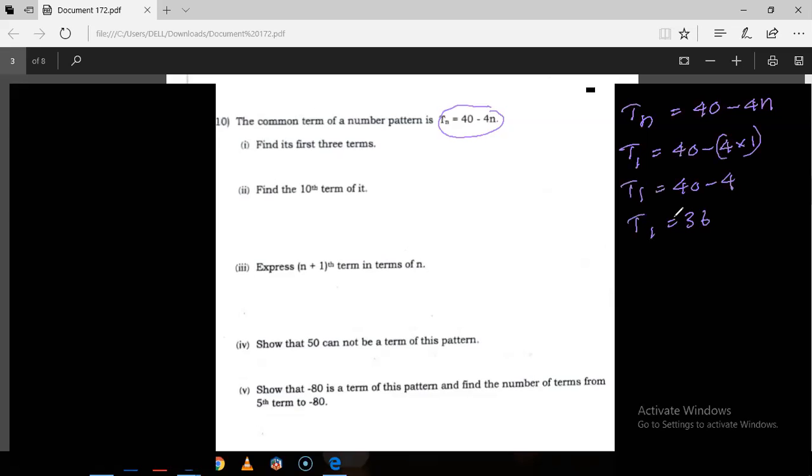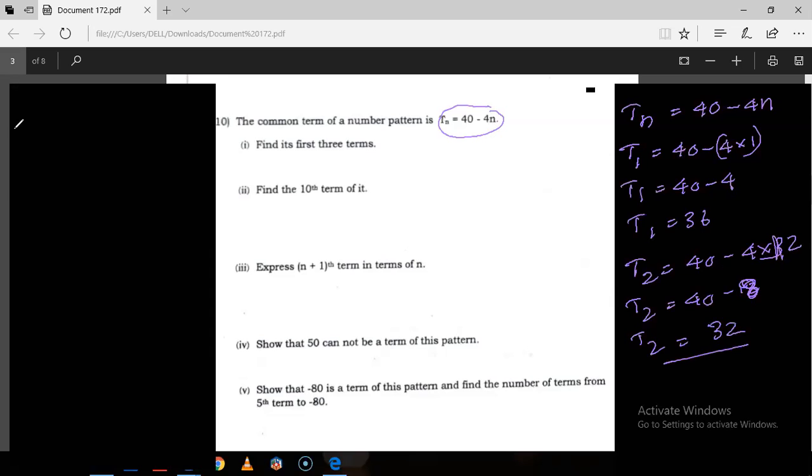Then T2 equals 40 minus 4 into 2. T2 equals 40 minus 8, that is 32.